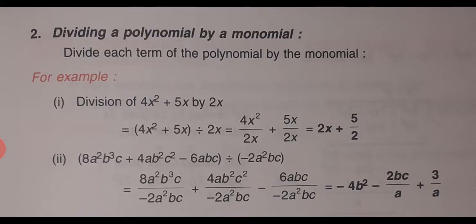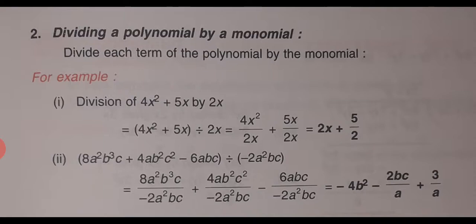Now dividing a polynomial by a monomial. Here you can see the first example, 4x square plus 5x. We have to divide it by 2x. So 4x square plus 5x divided by 2x means both the terms will be divided by 2x.